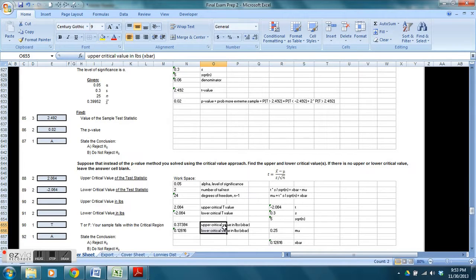And the distance between 0.25 and the upper critical value will always be the same as the distance between 0.25 and the lower critical value. So we can test that and make sure that is reasonable. The distance between the upper critical value and mu is 0.12384, and then we can check the distance between mu and the lower critical value, and it's the same. So that's no surprise.